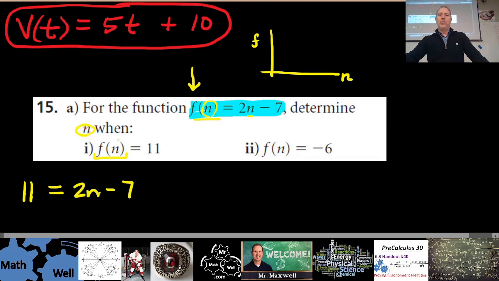Okay, so we don't know what n is, but I know that the function value with some unknown value n is 11. So you plug 11 right in there for f of n, and then now you have an equation with one variable only, and you can solve for that variable. Sounds good? Okay, so let's add 7 to both sides.